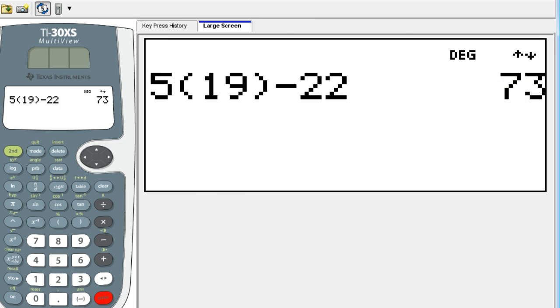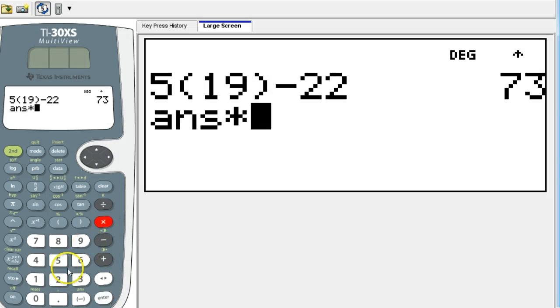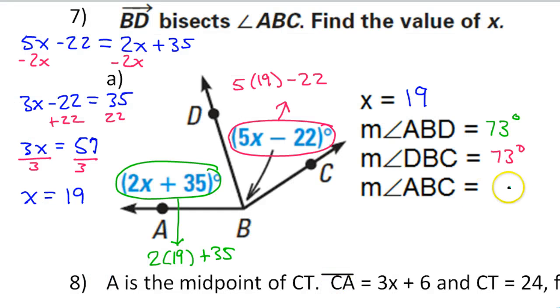So that is 73 degrees. Of course, those are going to be the same because they're equal. Angle ABC is the full angle, both of these together, so we'll just double this. So that's 146 degrees.